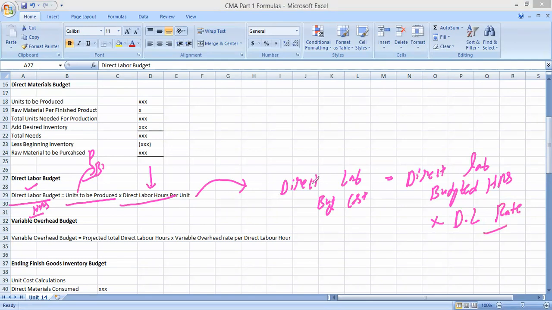Of course, you will have the approved rate from the HR department, or sometimes the government will give their own rates. While taking these rates, you can calculate based on your gross rate as well, including your additional benefits. So for this formula, the direct labor budget in hours is units to be produced multiplied by direct labor hours per unit. It will give you the number of hours. Those hours you can multiply with your rate to have the direct labor budget.